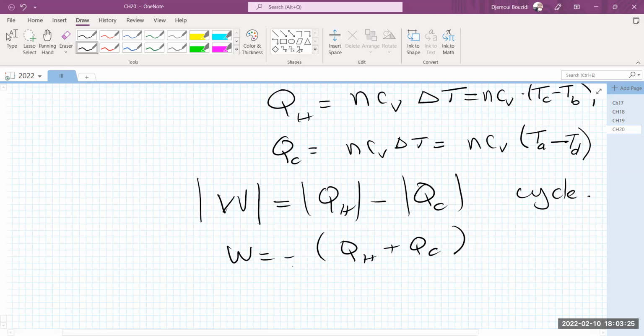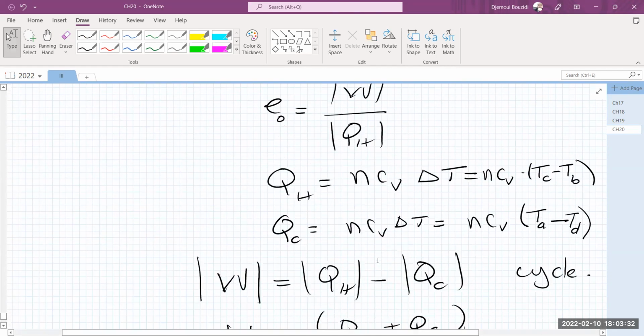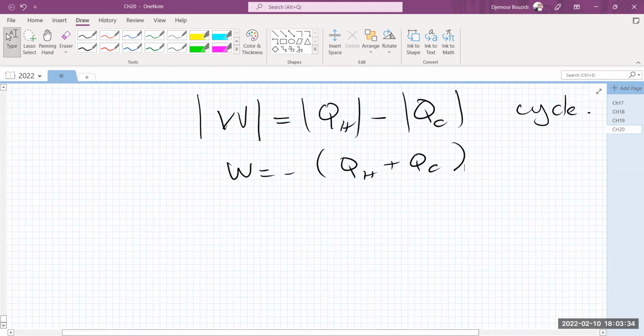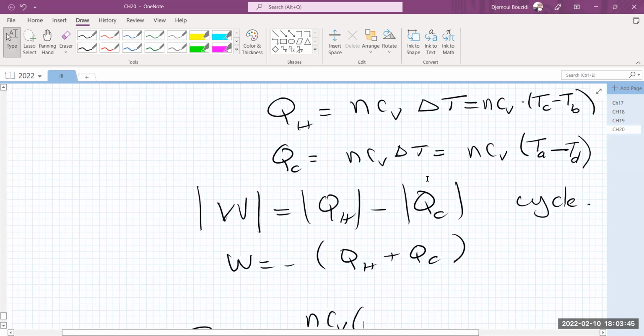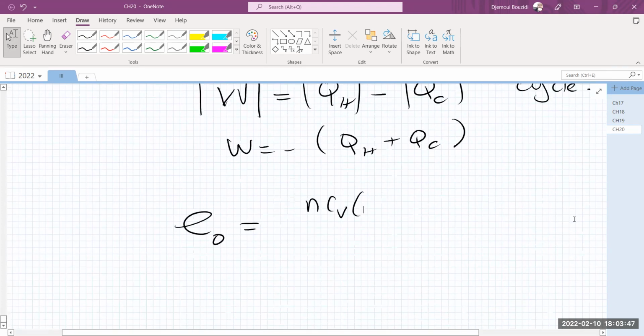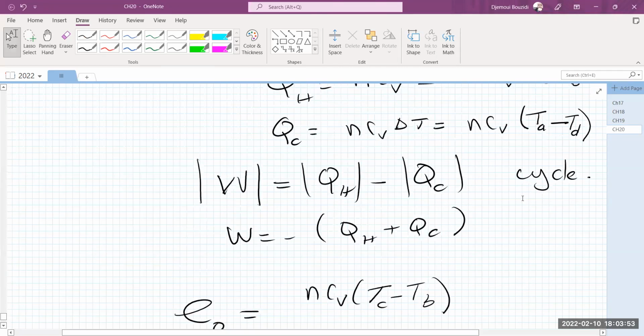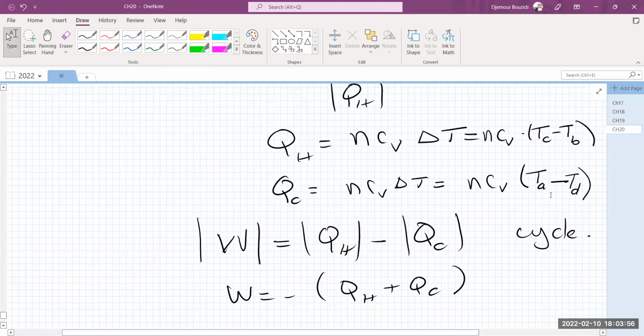Okay, so now having said that, what is the efficiency of this engine? It's this W divided by QH. So E for this Otto cycle, it is W, which is NCV times TC minus TB, that's QH, minus QC.